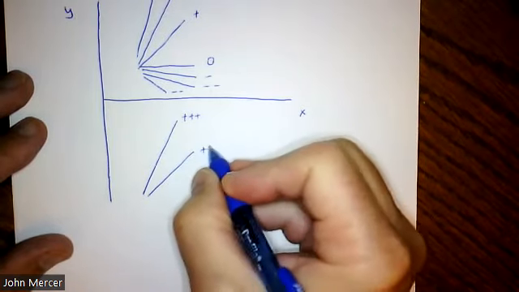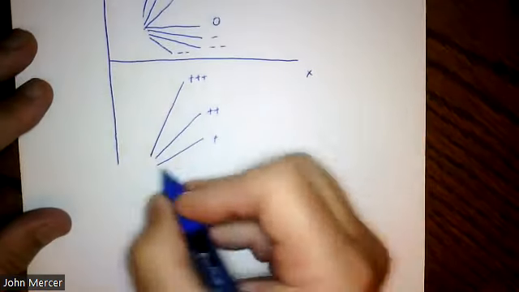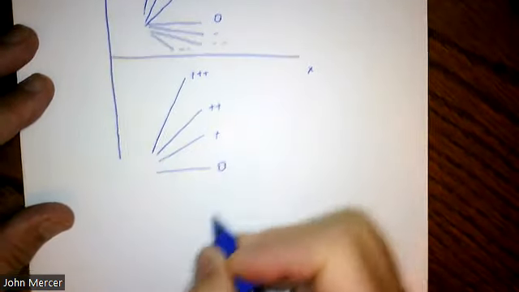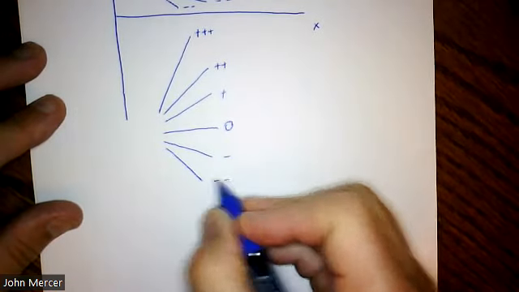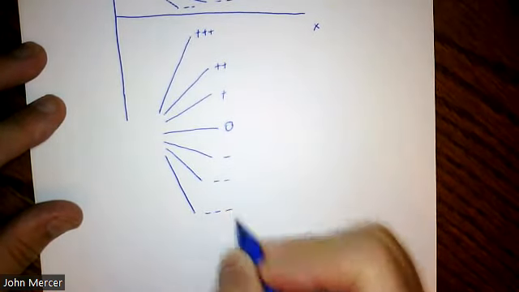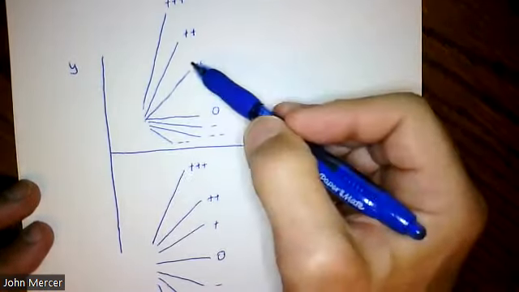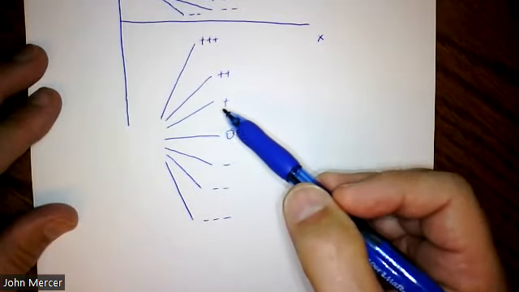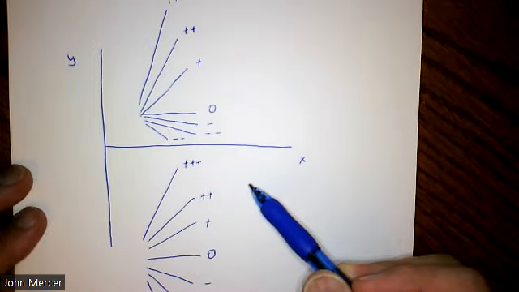That's still a positive slope, a 0 slope, negative, more negative, and more negative. But the interpretation of what's going on up here versus what's going on down here may be quite different because we're in these different regions.